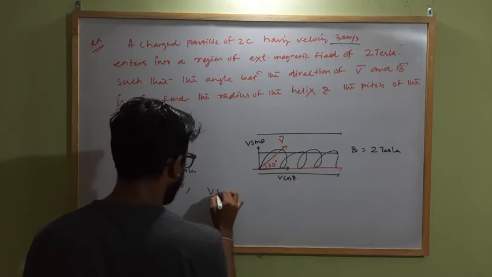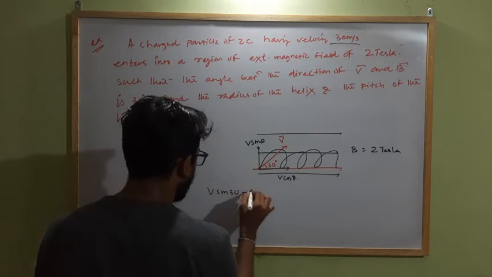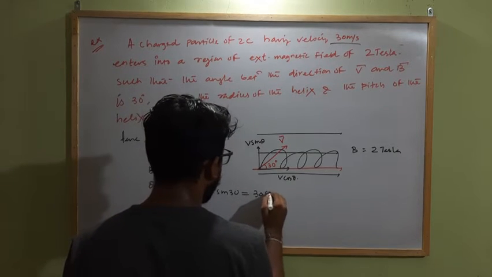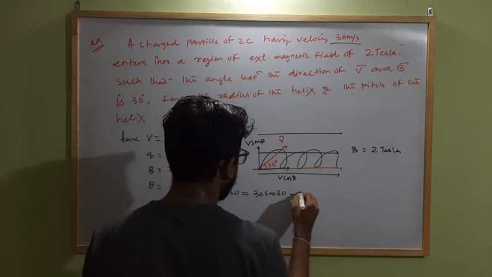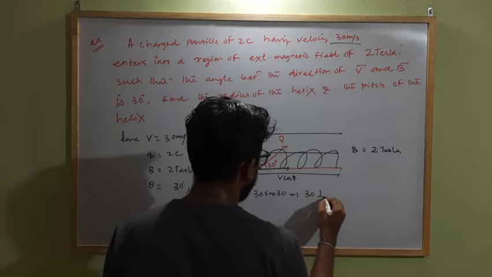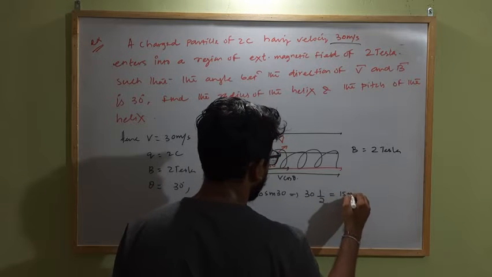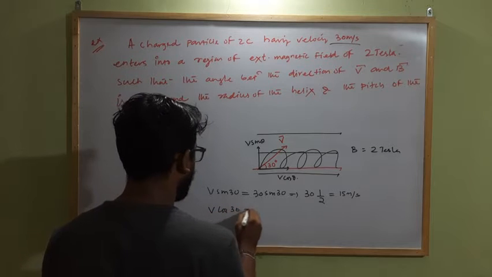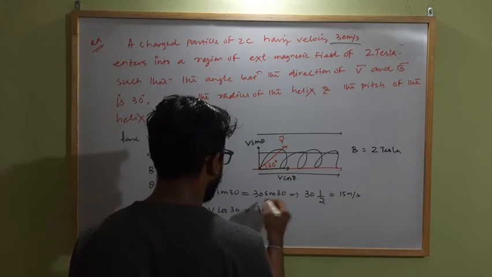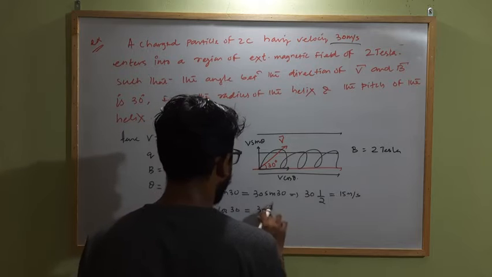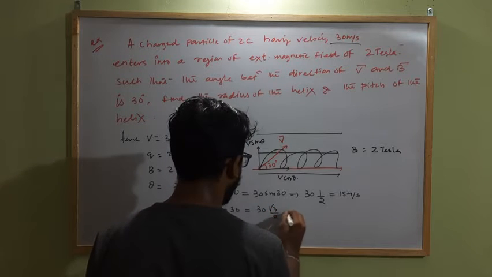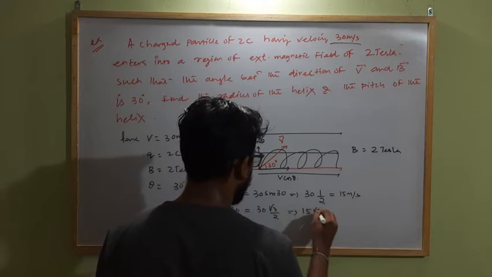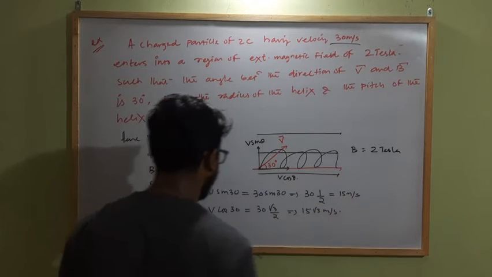So V sin theta is equal to how much? 30 into sin 30. This implies 30 into 1 by 2, that is 15 meter per second. V cos 30 is equal to 30 into cos 30, which will be how much? Root 3 by 2. So 15 root 3 meter per second.